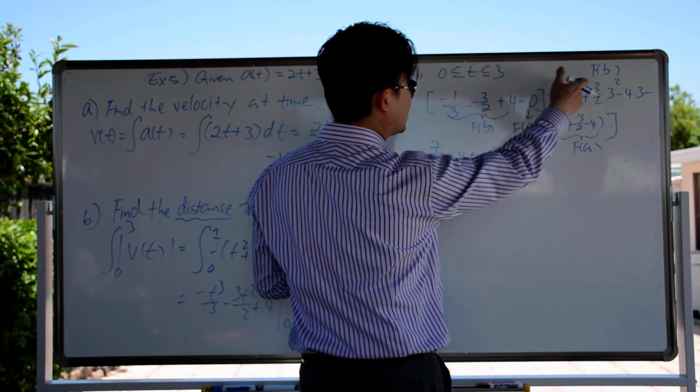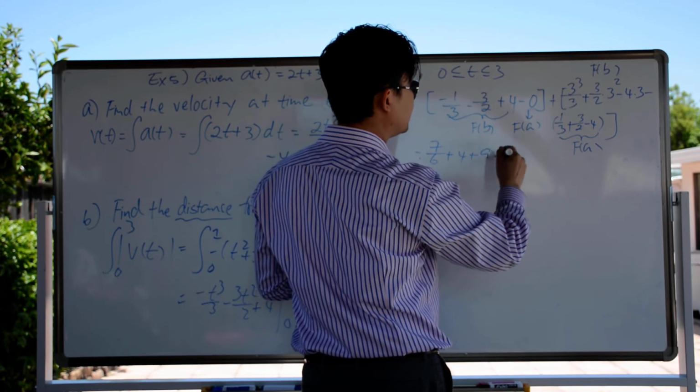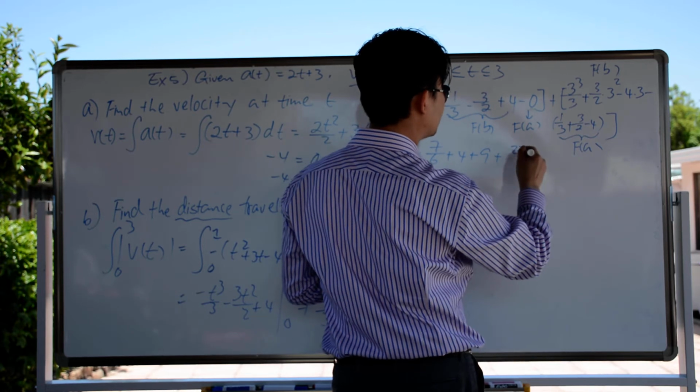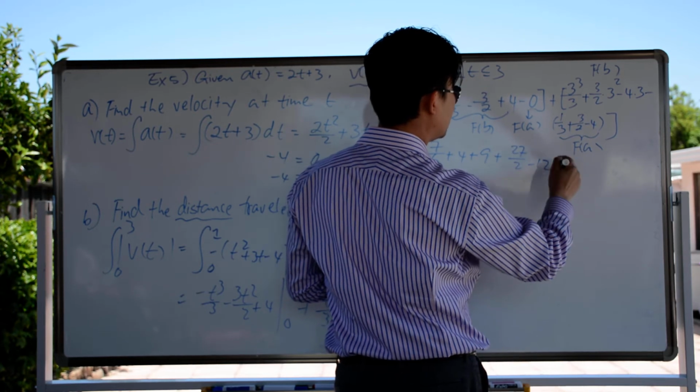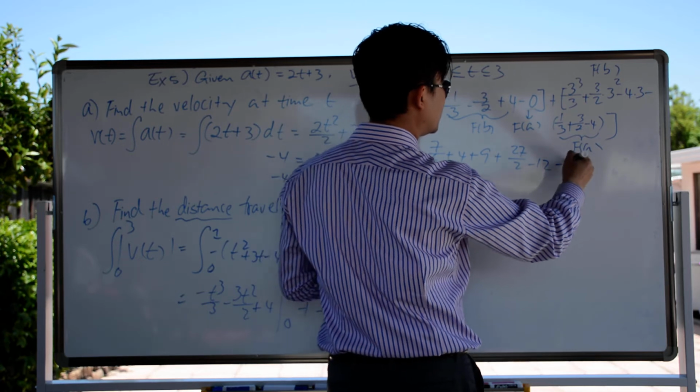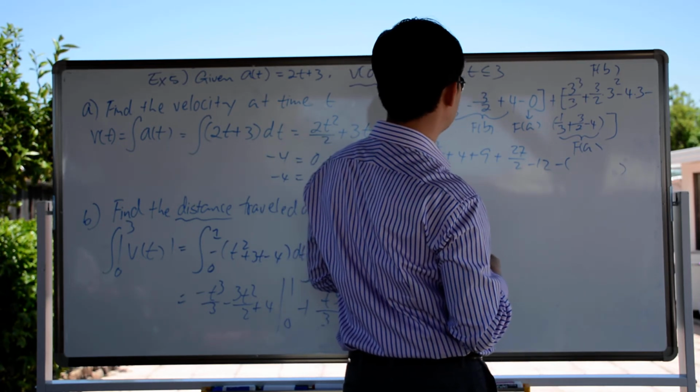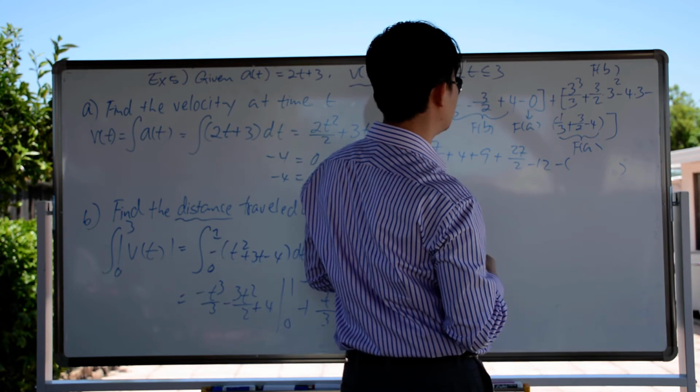And then plus 27 over 3, that'll be 9. Here, 3 half times 9, so 27 over 2 minus 12, minus this whole quantity. So again, this one is 1/3 plus 3 half, and that should be negative 11 over 6.